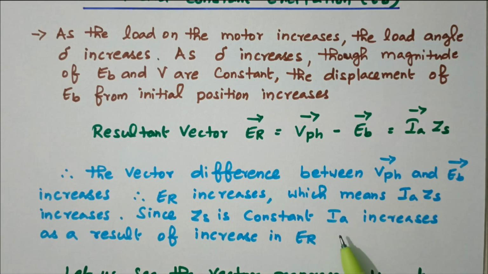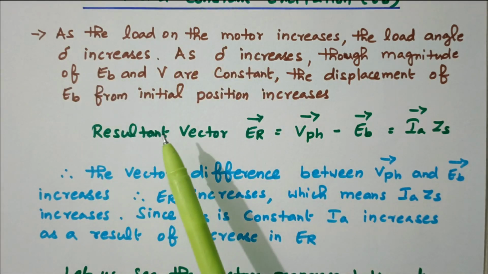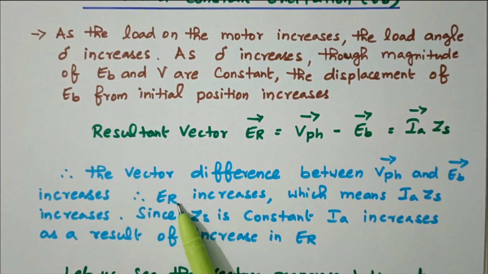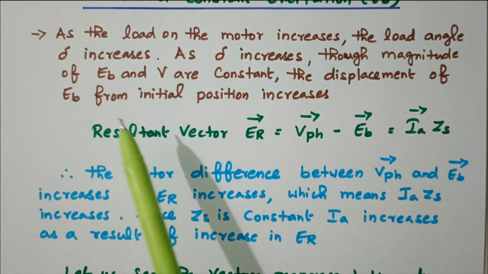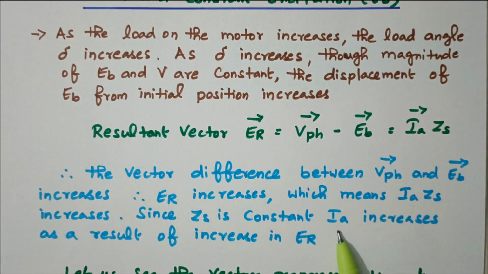So when the load increases, delta increases, the phase displacement of Eb increases, and finally the current Ia increases. That is the result we got.